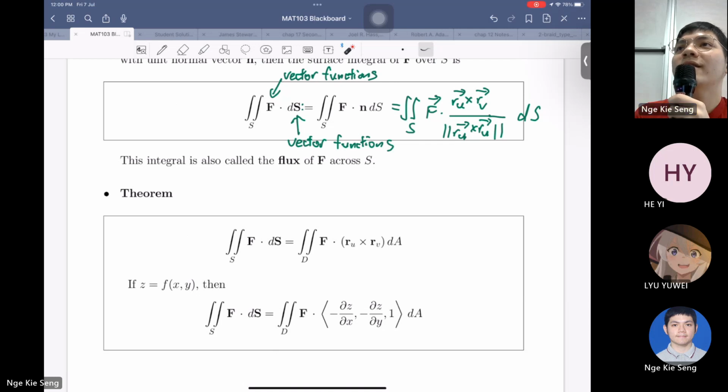Cancel with what? How do you introduce the length back into my integral?